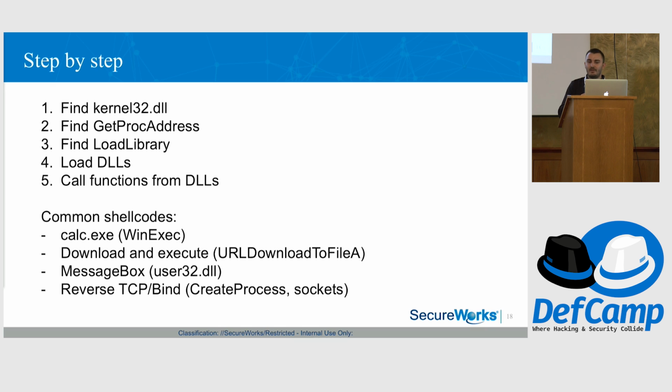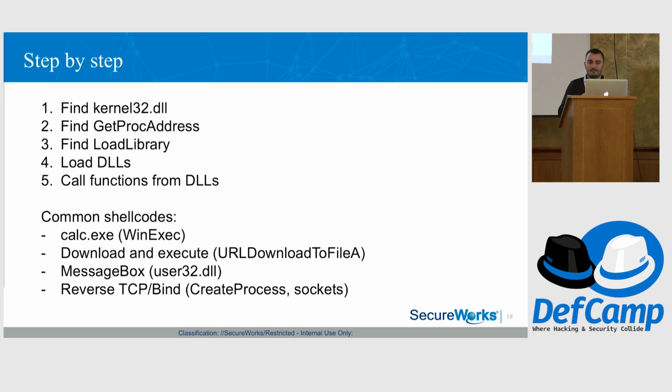Some of this functionality is two exported functions, LoadLibrary and GetProcAddress. LoadLibrary is a function that loads a DLL into memory and returns the starting address of that DLL in memory. And GetProcAddress takes two parameters.